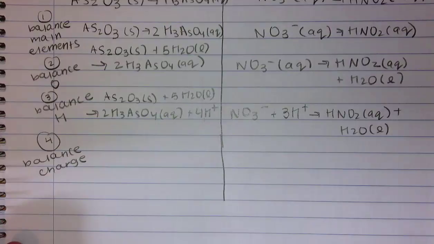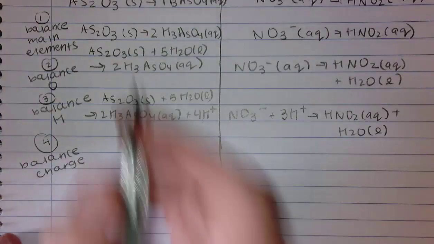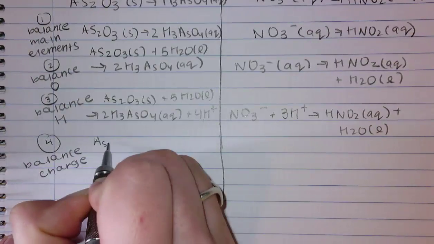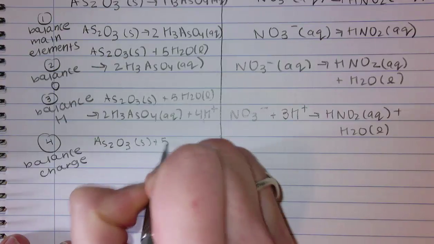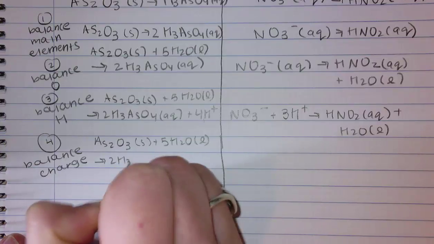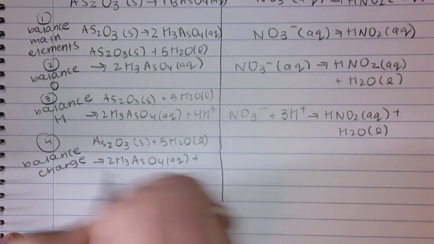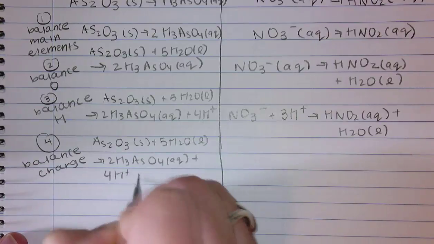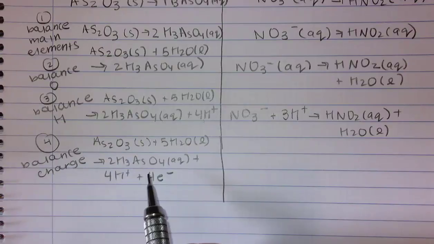And we don't want that. We want to neutralize that side, and we're going to neutralize by adding electrons. So we're going to add 4 electrons to our right-hand side to neutralize the charge.